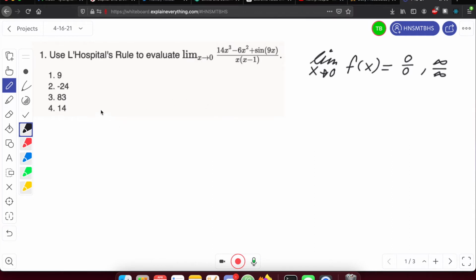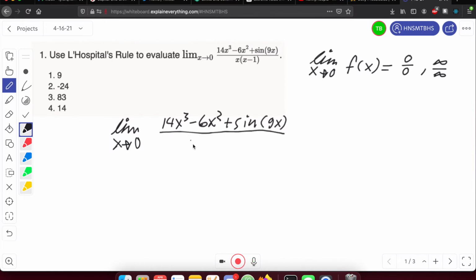So what we're going to do here is we're going to ask, can we take this limit? So let's figure out what this equals. The limit as x goes to 0 of 14x cubed minus 6x squared plus sine of 9x, over x times x minus 1. So what is this?